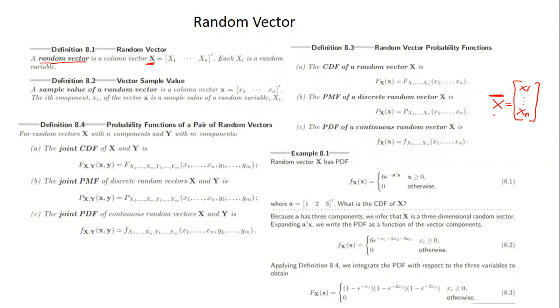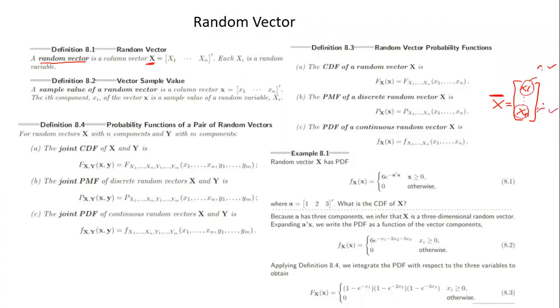We simply extend the previous analysis, the multivariate probability model, and define vectors. There is nothing different from the previous definitions. Here, we simply write a sequence of random variables as a vector. Each of these, x1 is a random variable, and xn is a random variable.